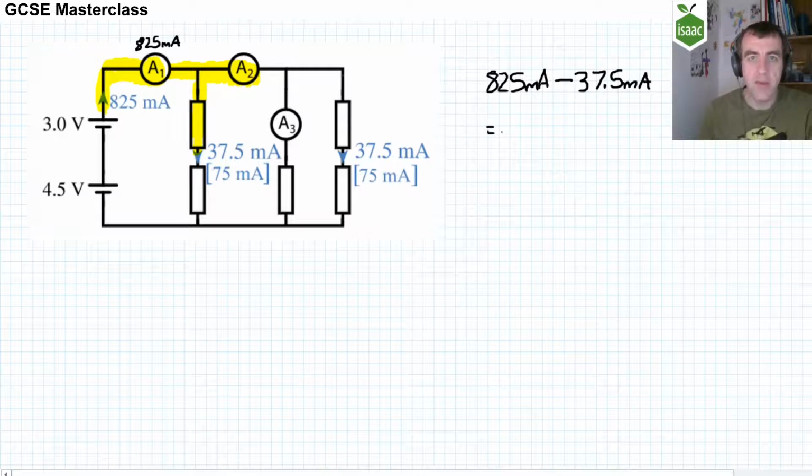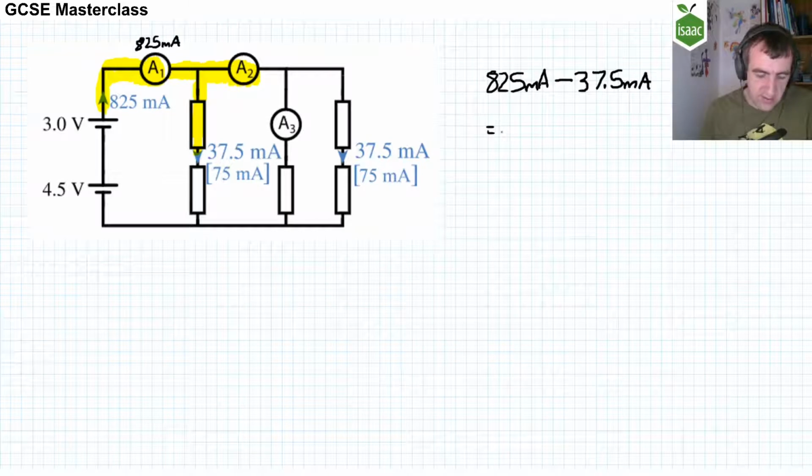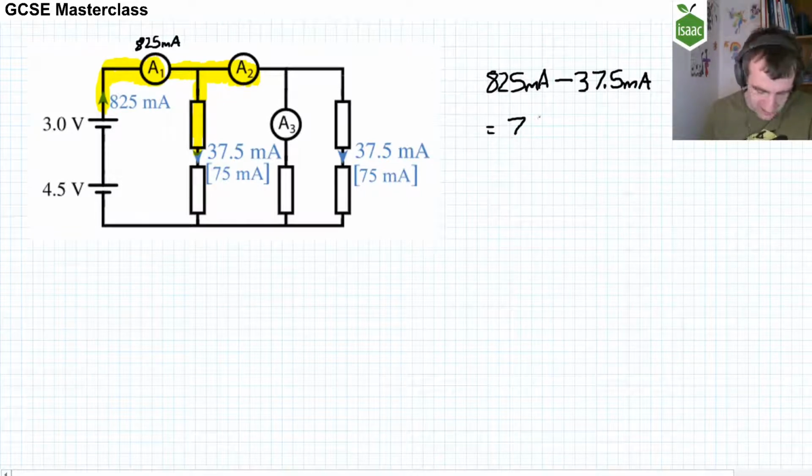And so what we're left with, I'll just read my answers to save me the embarrassment of trying to work it out in my head, is 700, I got it wrong anyway, 787.5 milliamps.